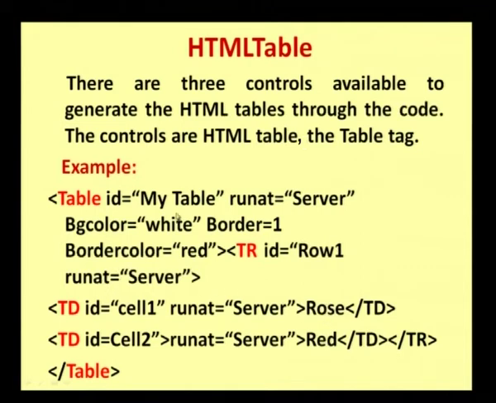So this is an example for the table tag. The table tag control is used to insert a table inside the ASP.NET page, and it contains three controls: the table tag, tr, table row, and td, table definition, to insert the values. So let us see the next control.